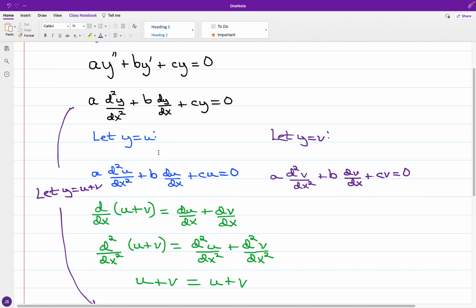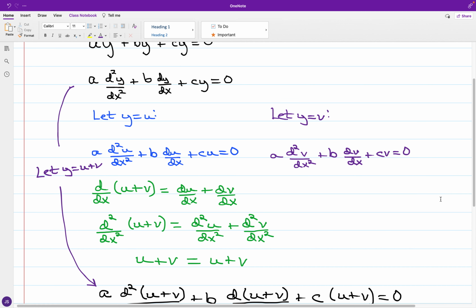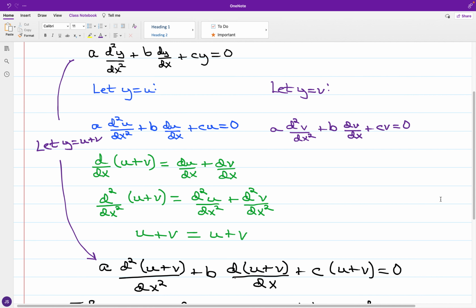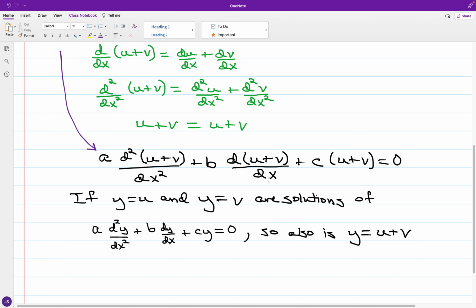Well, guess what? Individually, with y equal to u, the equation's at 0. With y at v, the equation is still at 0, and guess what? 0 plus 0 from the individual components applies also to the addition, where 0 plus 0 is equal to 0, and so we were able to arrive at the substitution of u plus v in place of y, where I had this set up.